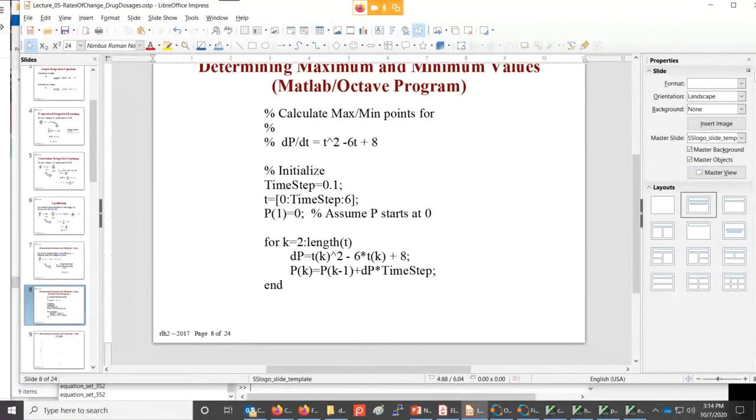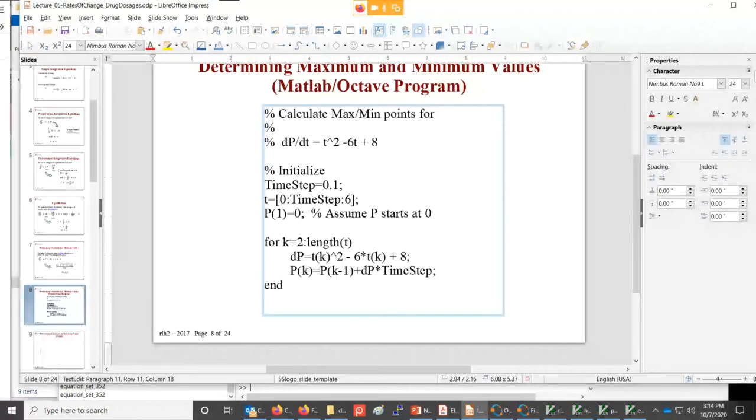Okay, so what we're doing here is we're evaluating the derivative, and then we're integrating.